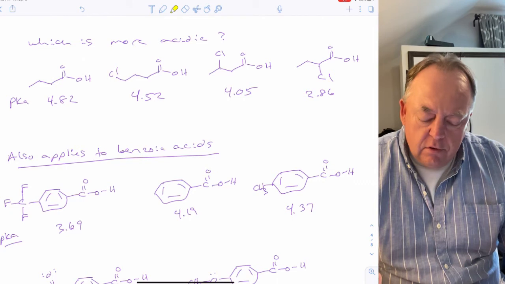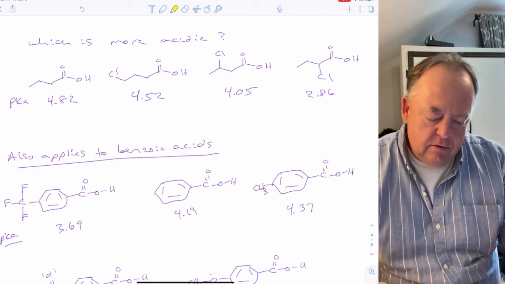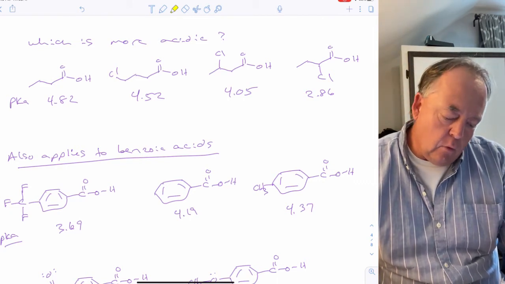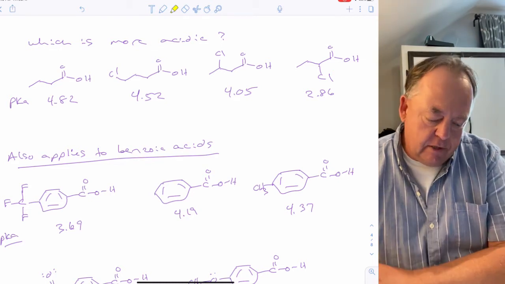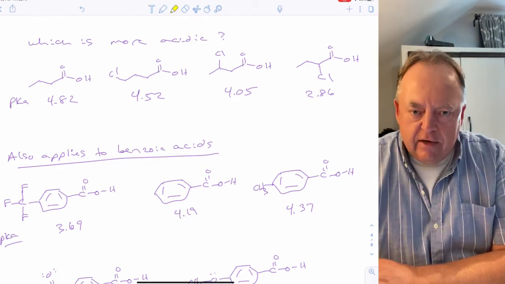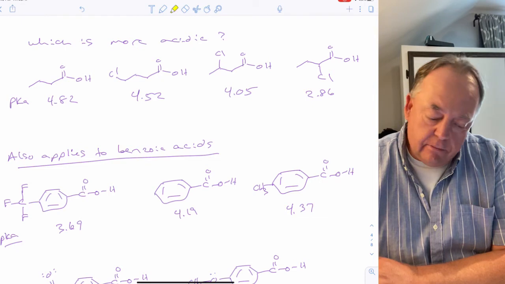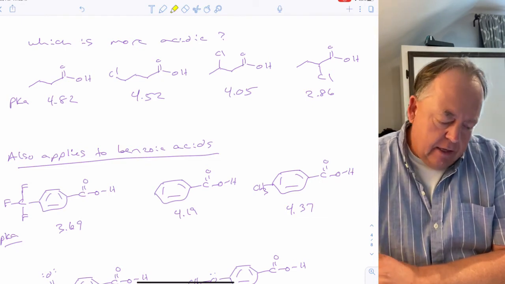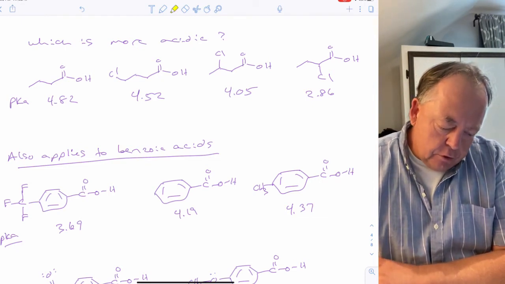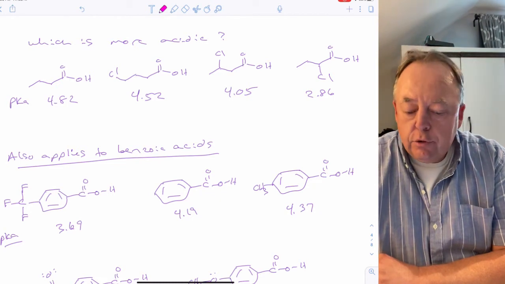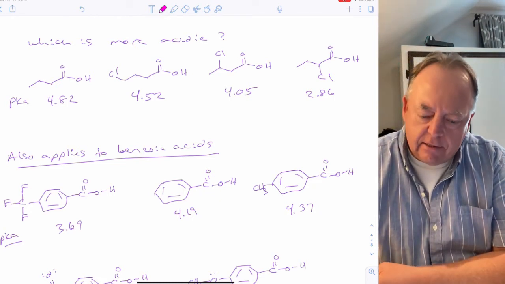Okay, so the more electronegative groups by the carboxylate, the more acidic it's going to be, and also the more electronegative that atom is, the more acidic it's going to be. And then as these next examples show, the closer those electronegative groups are to the carboxylic acid, the more of an impact they have.